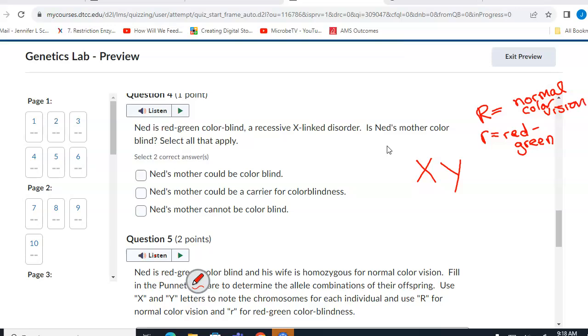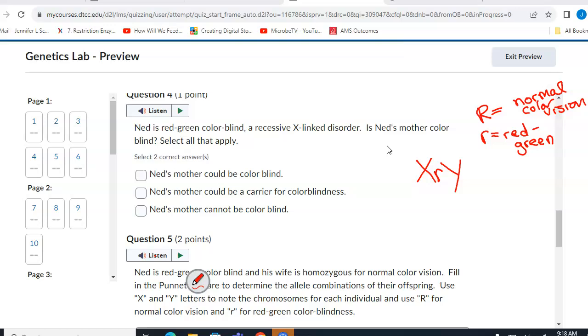You can use whatever letters you like, it doesn't matter. But because we know that red-green is recessive, we want to use the lowercase to represent that. Since it's X-linked, we are going to place the r by the X. We know there's not a comparable gene on the Y chromosome. So that's representing that Ned is colorblind.